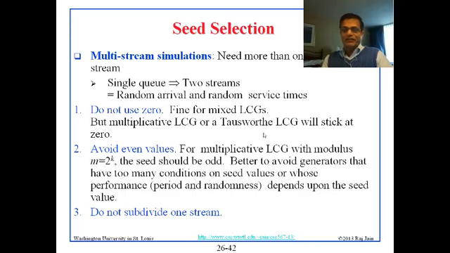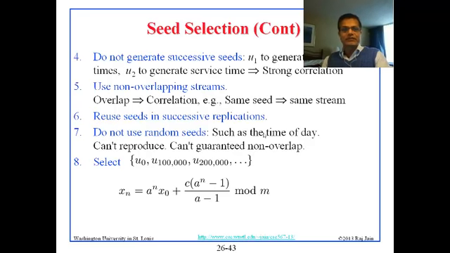With odd numbers, at least if the generator is good, you get the cycle that the designer intended. The third thing is, do not subdivide one stream. That's exactly what I said: you cannot take a random number and use it for the arrival, and then take the next number and use it for the service. You really need 2 streams, 2 seeds, so don't divide one stream for different purposes.